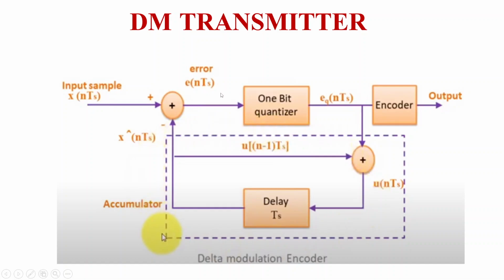Based on the e of nTs value, the 1-bit quantizer will produce the quantized signal, and based on the quantized signal, the encoder will generate bit 1 when the input sample is greater than the approximated value, and bit 0 when the input sample is less than the approximated value. So this is the transmitter of delta modulation.